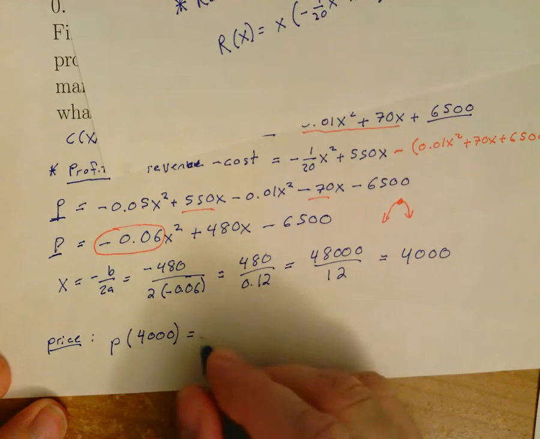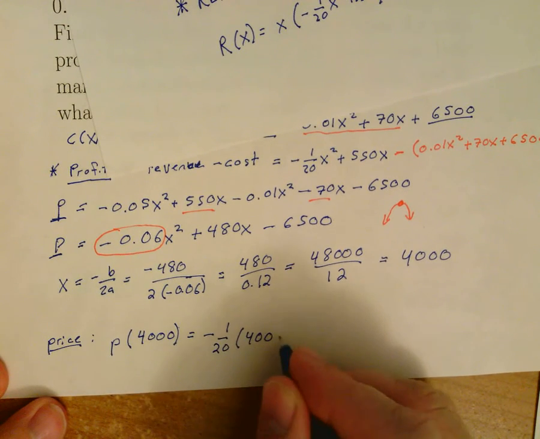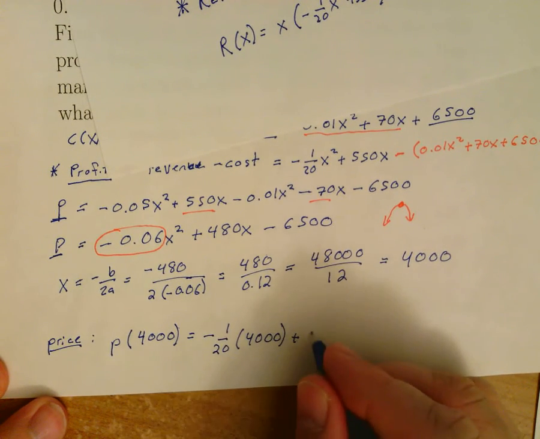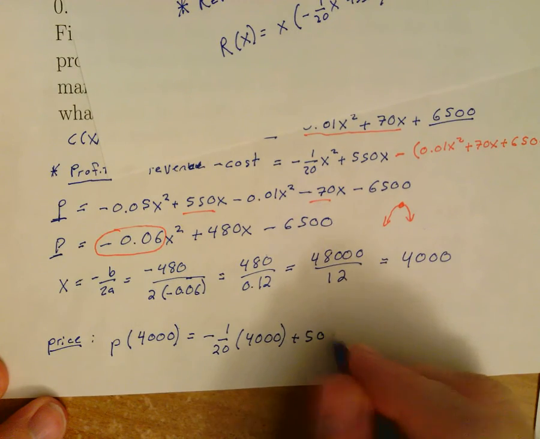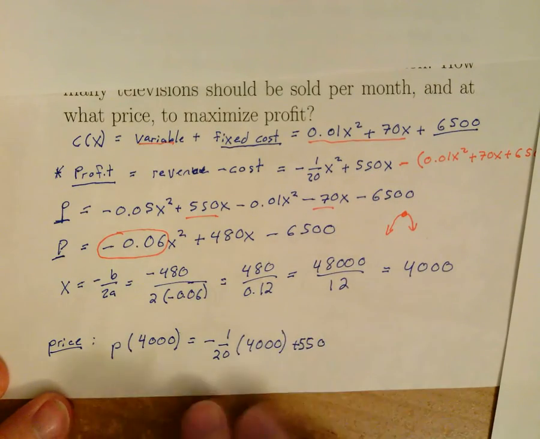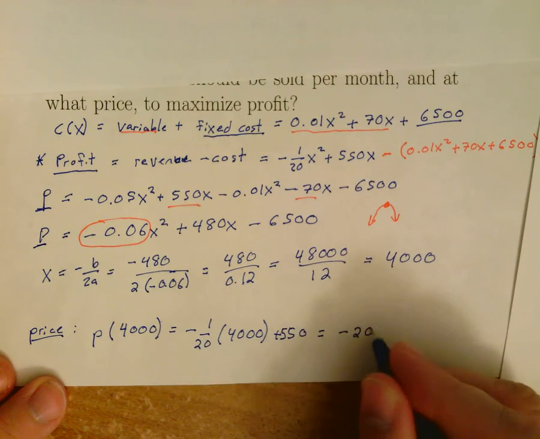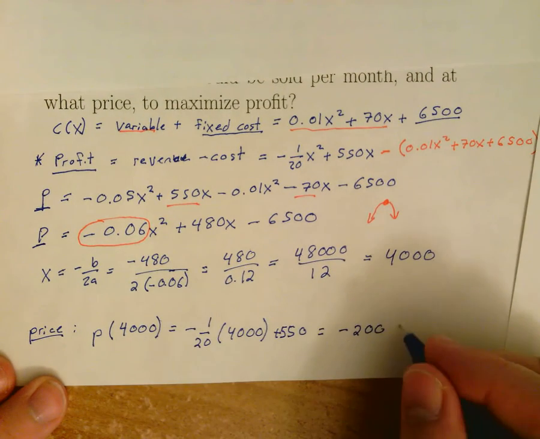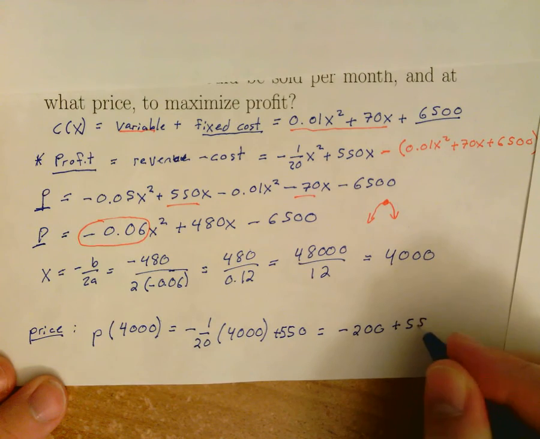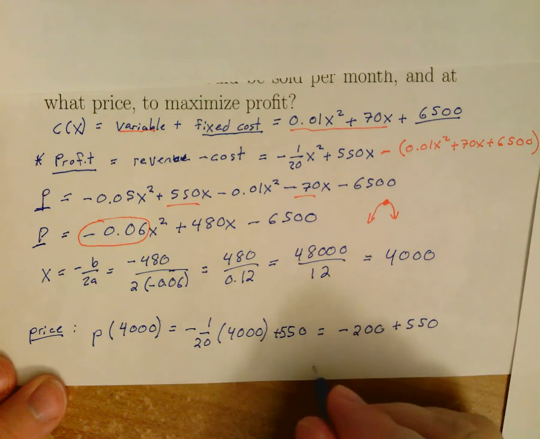So I'm going to have negative 1 over 20 times 4,000 plus 500. Oh, what was it? Let me make sure I look at it. 550, sorry. So it's actually 550. Forgot that. 550, which is equal to negative 200 plus 550. And that should come out to be $350.